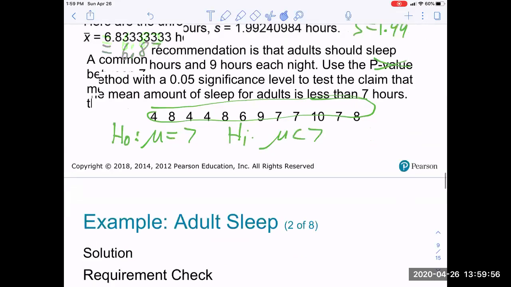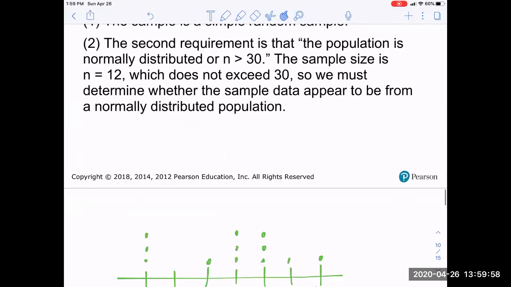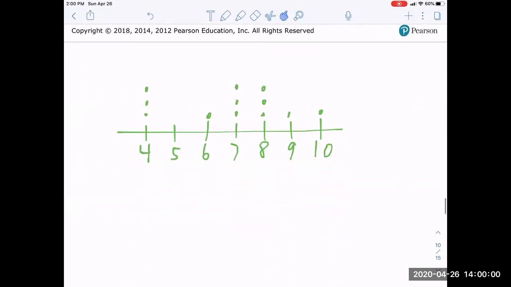And the way we're going to do that is I made a little dot plot of our data. It's not totally out of normal. I mean, it's kind of bimodal. So when I see something like this, okay, my sample isn't the best normal distribution. So I'm not sure if when I get to my results that I'm going to be all that confident in them.